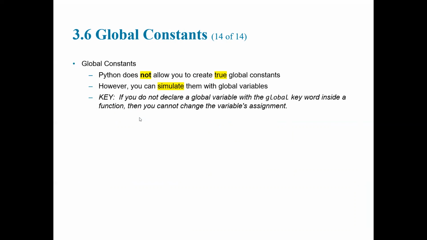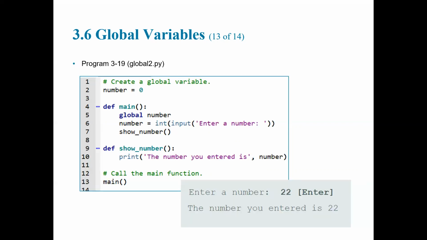The key is this: if you do not declare a global variable with the global keyword inside of a function, then you cannot change the variable assignments. So going back to this example, if I don't do line 5, then even if I ask for a number and then show the number, it's still going to show 0.